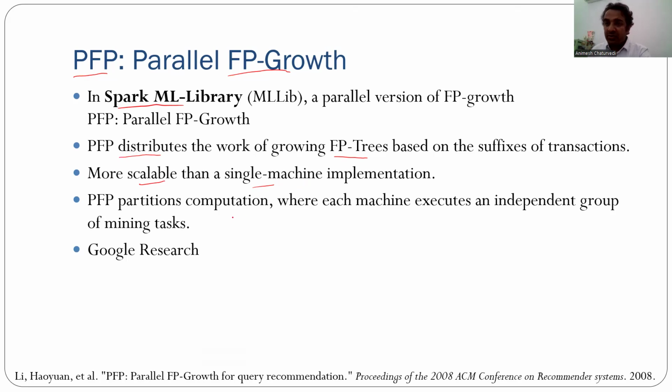Suppose there are 8 cores on your simple laptop or computing machine; all 8 cores could be utilized using Spark, and that will be an efficient way of computation. It will execute as an independent group for mining tasks.